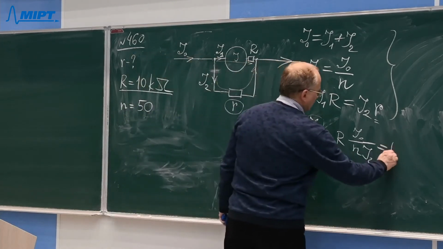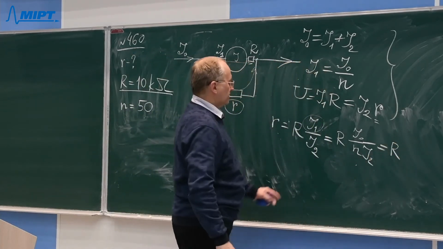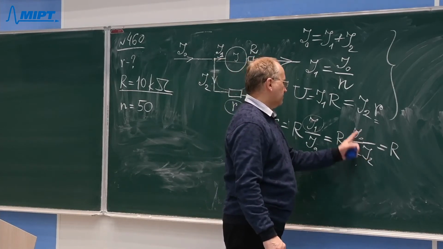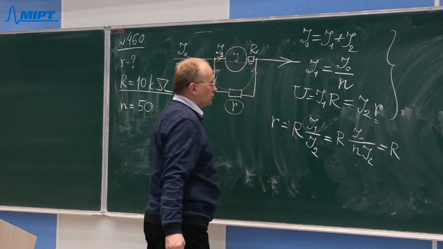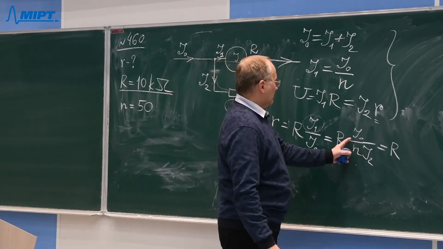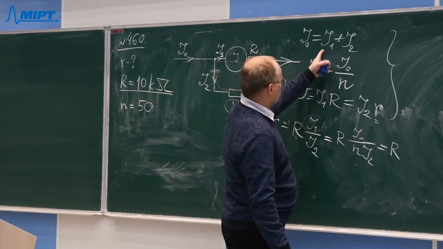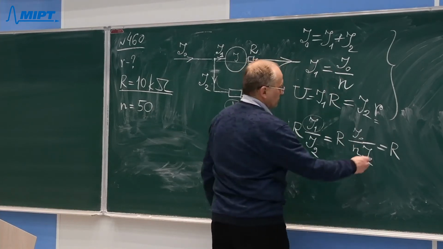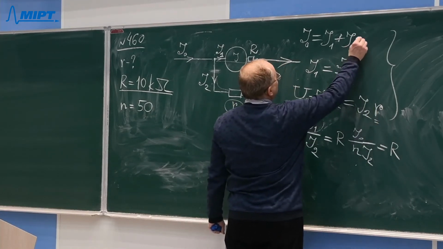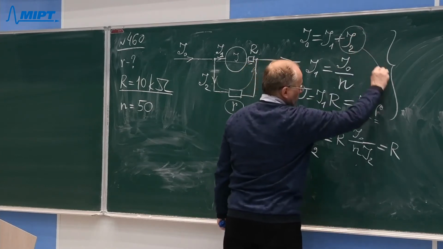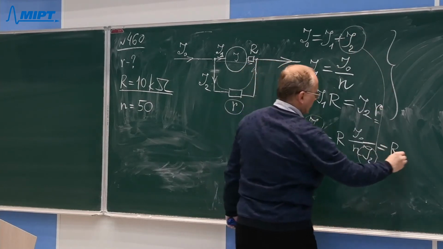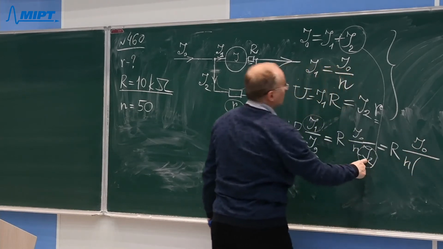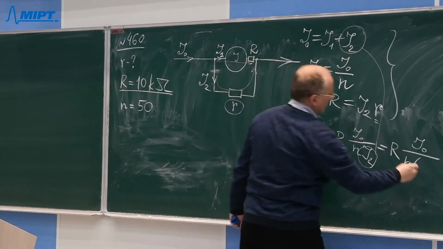Then we have somehow to finish this calculation, we have to somehow deal with these 2 currents which are unknown. So we may use this equation to substitute I2 from here into this formula, and that will give us I0 divided by n, and instead of I2 I will put I0 minus I1.